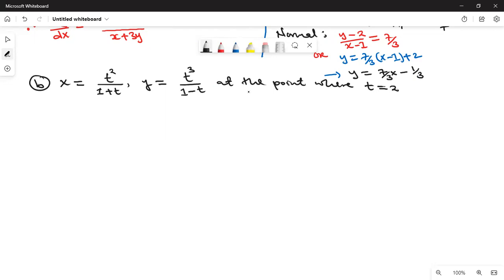You see, when we talk of a point, it has the x and y coordinates. You pair them. So we will need to know when t equals 2, what is x and what is y, so that we know the exact point.